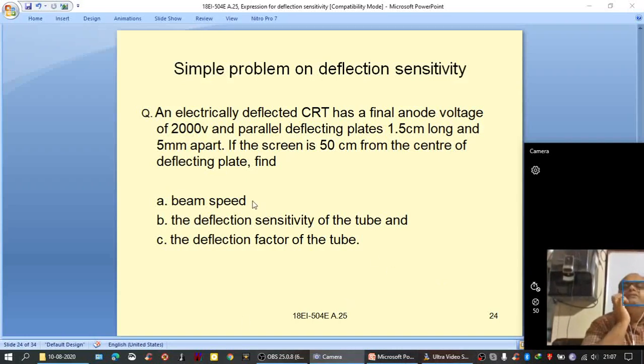How do you find the beam speed? We know the expression for beam speed: Vox is equal to (2 E EA by m) power half.